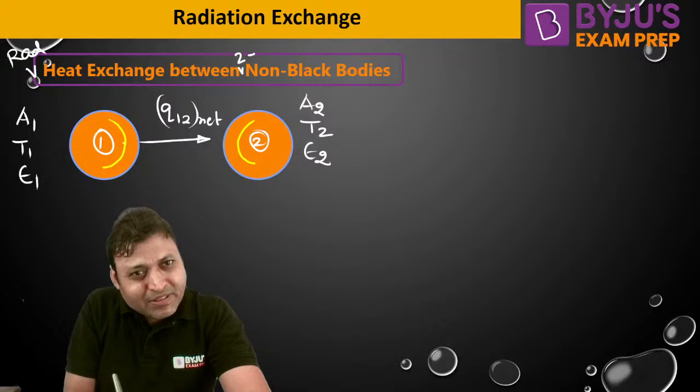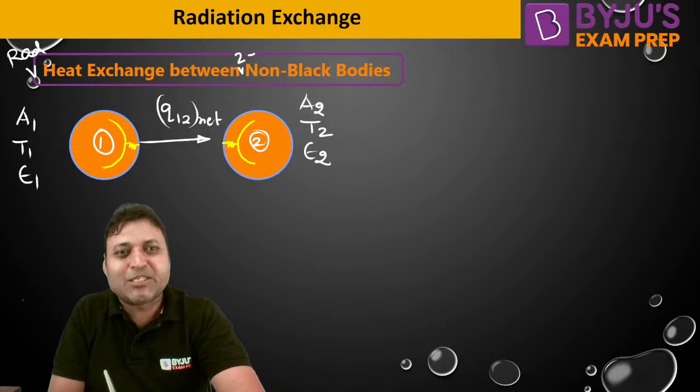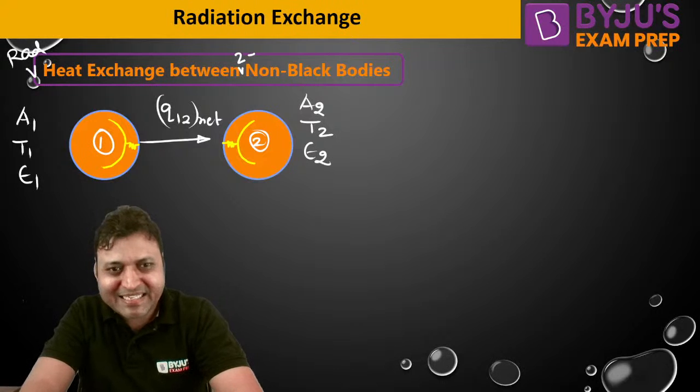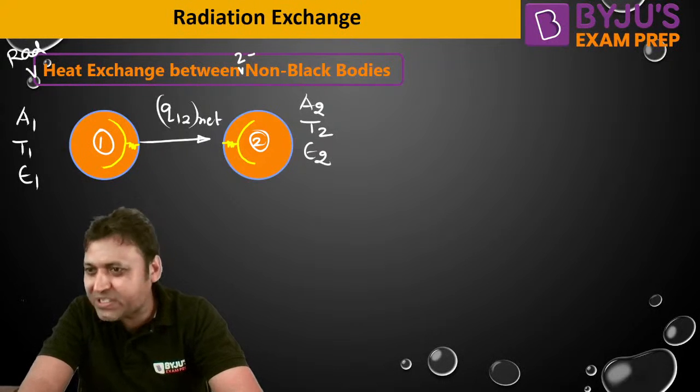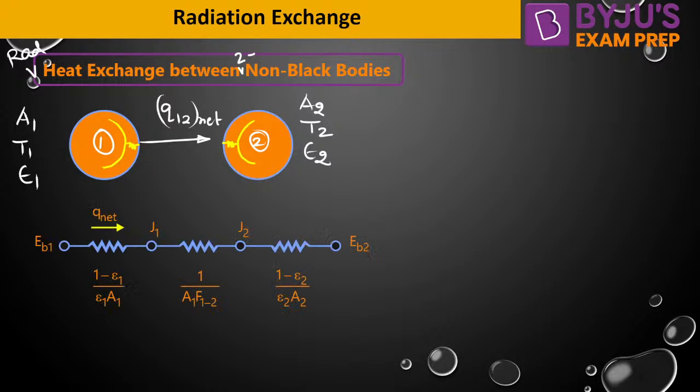So the first body will develop a surface resistance. The second body will also develop a surface resistance, and because of the space present between 1 and 2, a space resistance also comes into the picture. So if we draw the circuit diagram, there will be two surface and one space resistance.